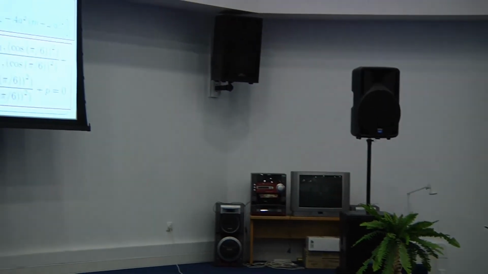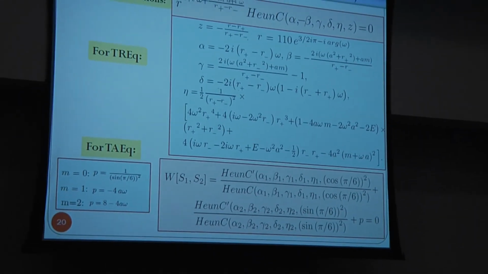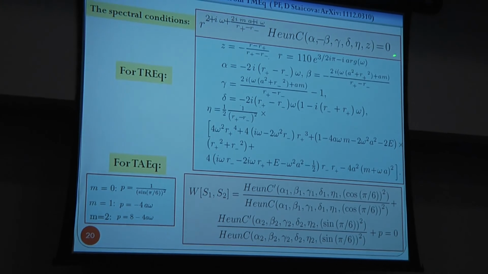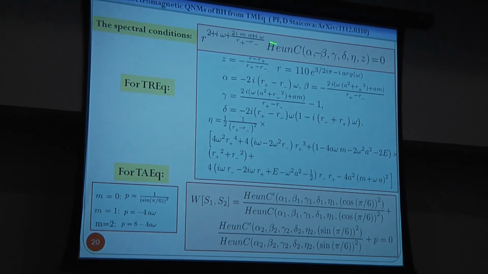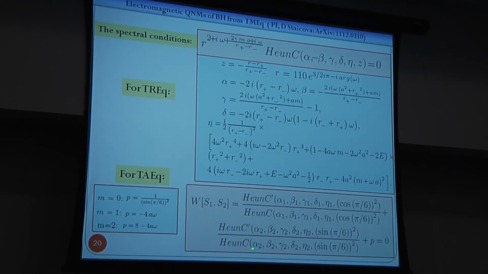And here we are considering the Teukolsky equation, radial and angular, for the electromagnetic spectrum of Kerr black holes. This is the radial spectral condition. This is the angular spectral condition. In this condition, only the confluent Heun function takes place, and the parameters look terrible, but not extremely terrible.